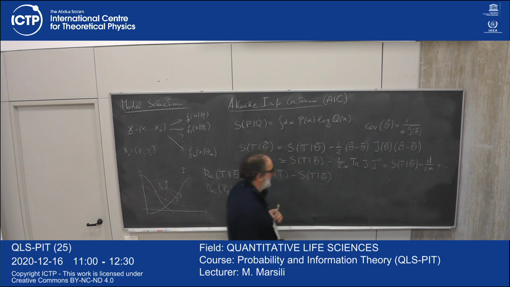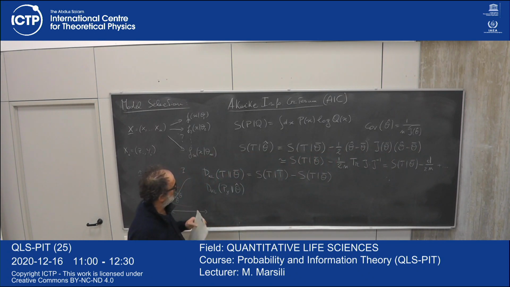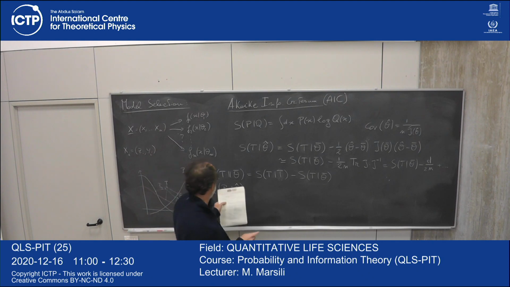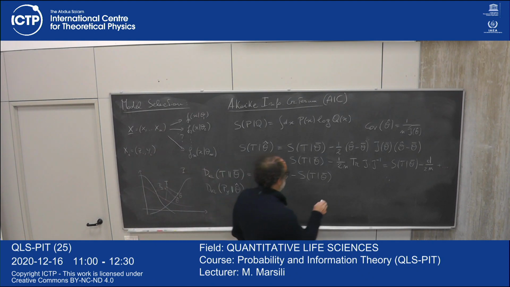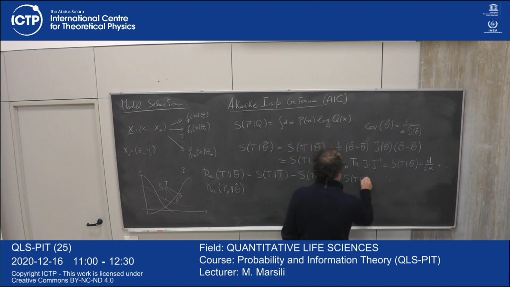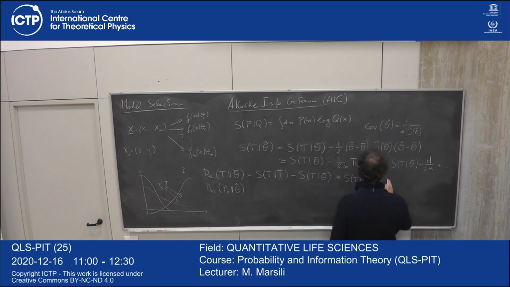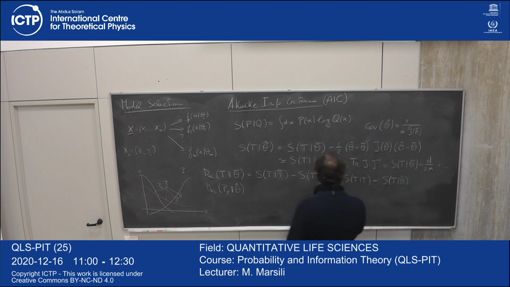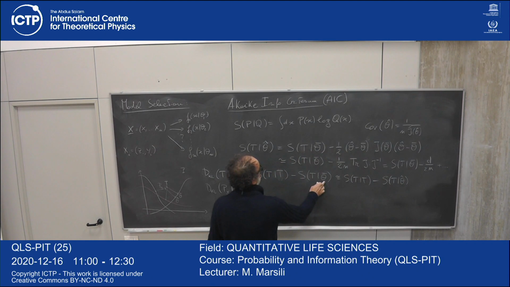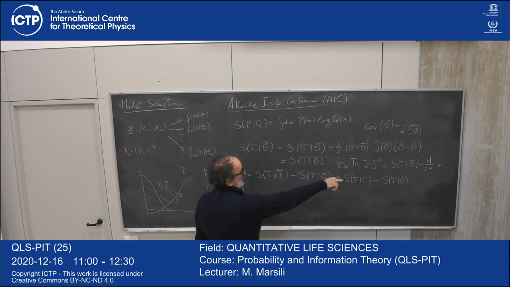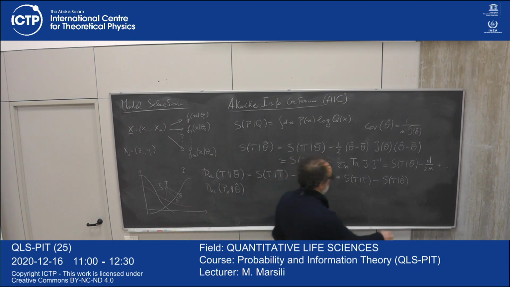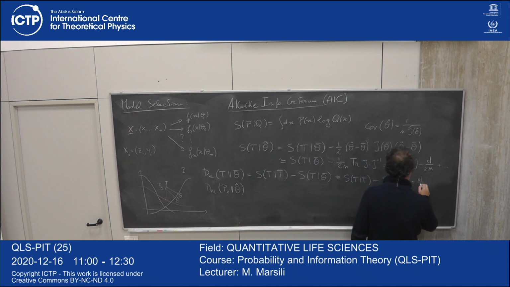Okay, so this is an approximation, and it allows us to say that I can approximate this distance as S of t and theta hat, replacing theta bar, plus d over 2n plus higher order terms.